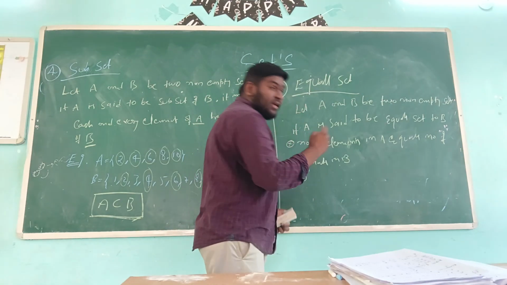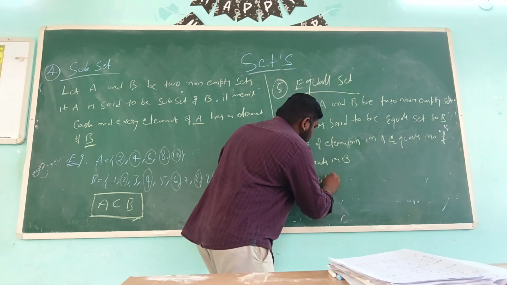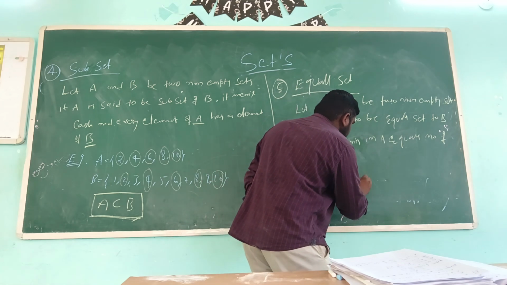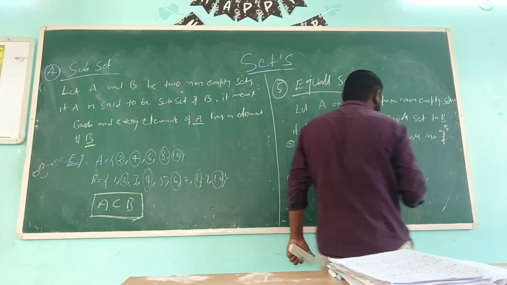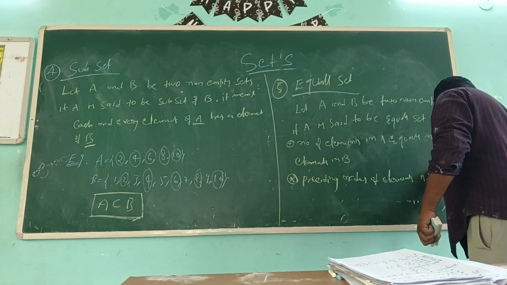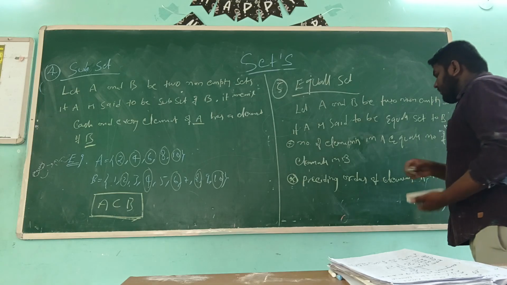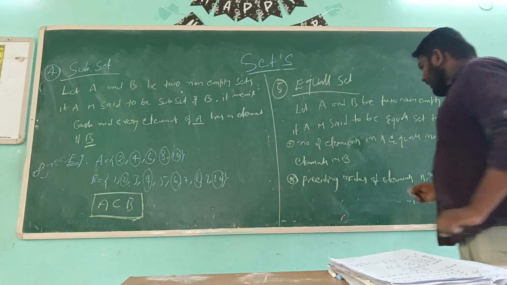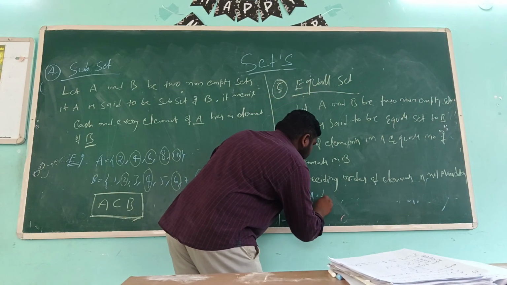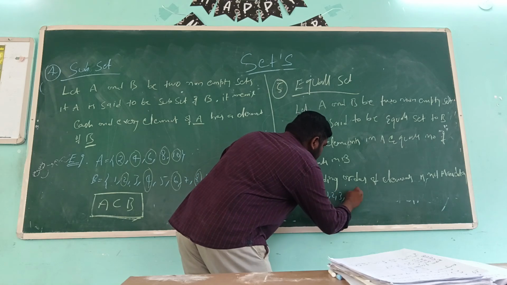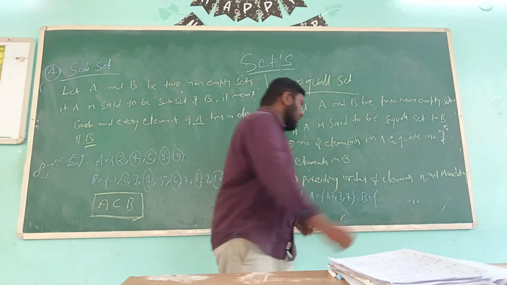Understood? Preceding order of elements is not mandatory. See the example. A is equal to 1, 2, 3, 4, then B is equal to 2, 1, 4, 3.